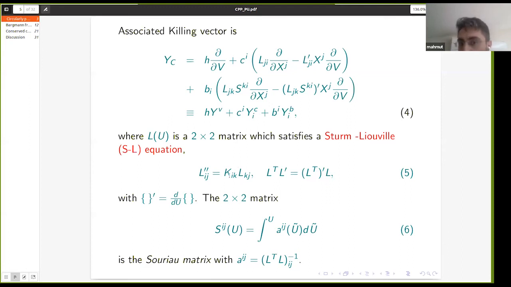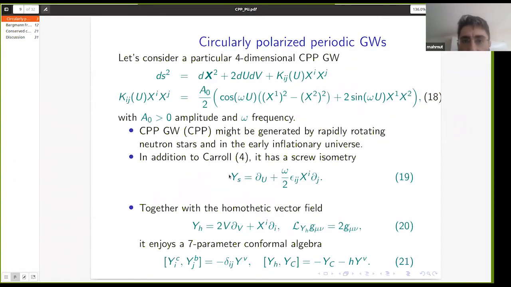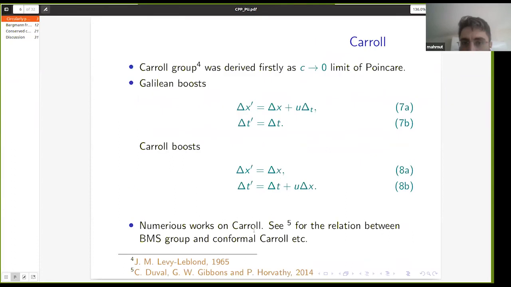Therefore, in order to write this Killing vector, you need to solve this equation for each K. Now I choose one K here, which is the circular polarized periodic gravitational wave. There are 5 symmetries normally, and this homothetic vector field is also generic for the plane wave.